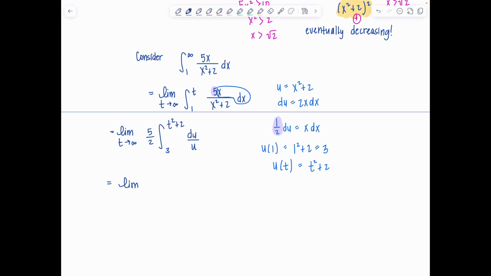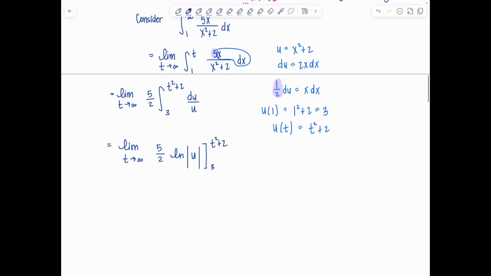So this is limit t goes to infinity, 5/2 ln absolute value of u. And then this gets evaluated from 3 to t squared plus 2. Perfect. So then this is going to be limit t goes to infinity, 5/2 times natural log absolute value t squared plus 2 minus natural log absolute value of 3 is just 3.